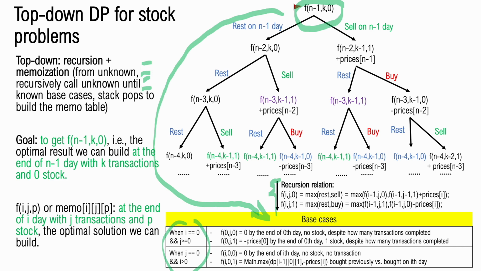The result will be returned to all the sub-problems to back calculate all the sub-problems until we reach the final result we want. And when the recursion stack pops, it will automatically help us to build the table and the memo to keep track of the answers to all the subproblems.